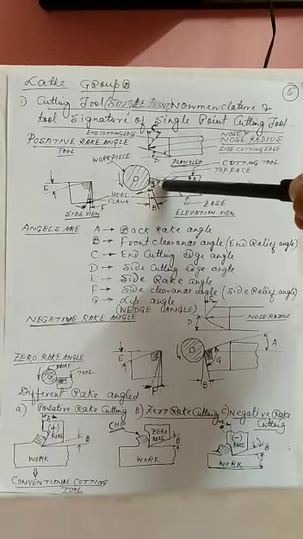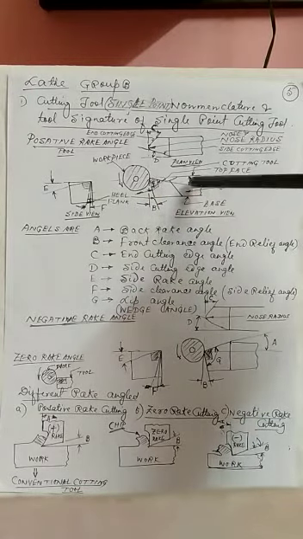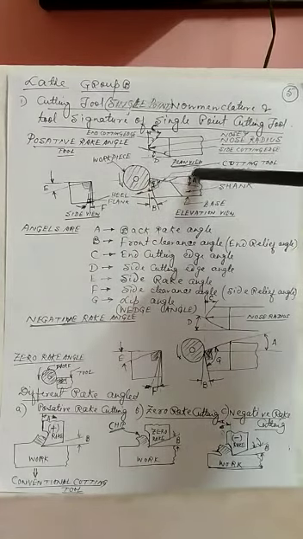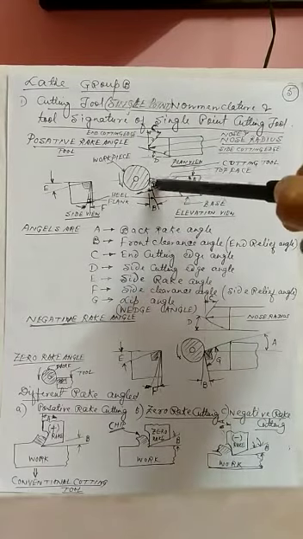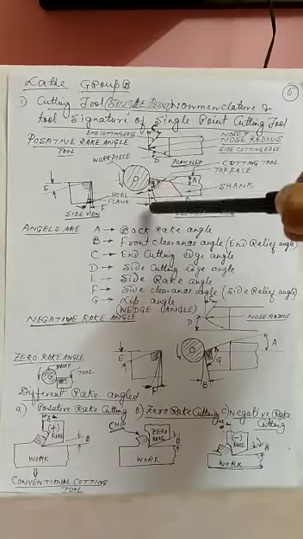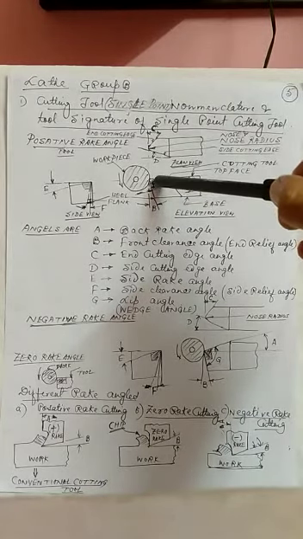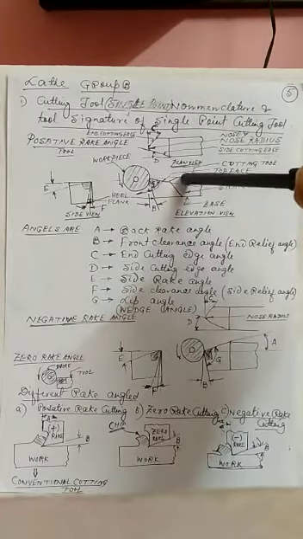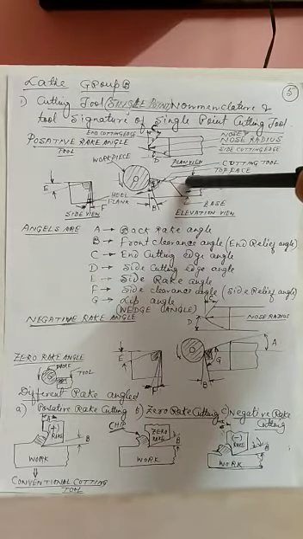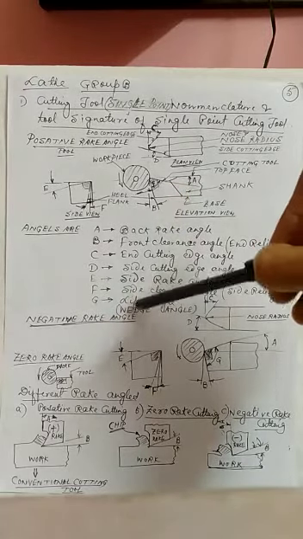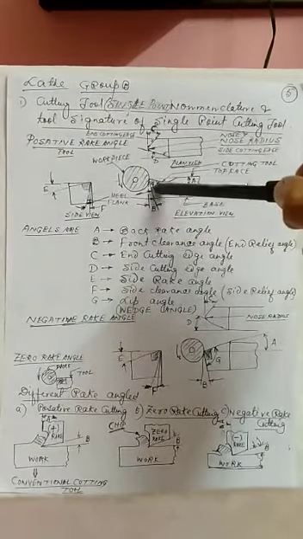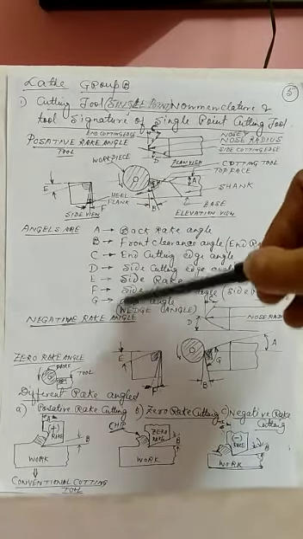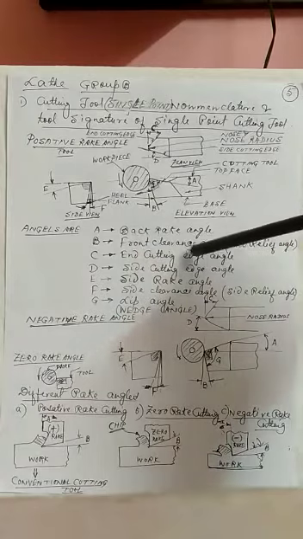The first is the back rake angle, that is A. If I cut here, one line is drawn inward, and the angle between that line and the previous line is called A, the back rake angle. After that, angle G, capital G, is the lip angle of this cutting tool, and then the angle B is called the front clearance angle.